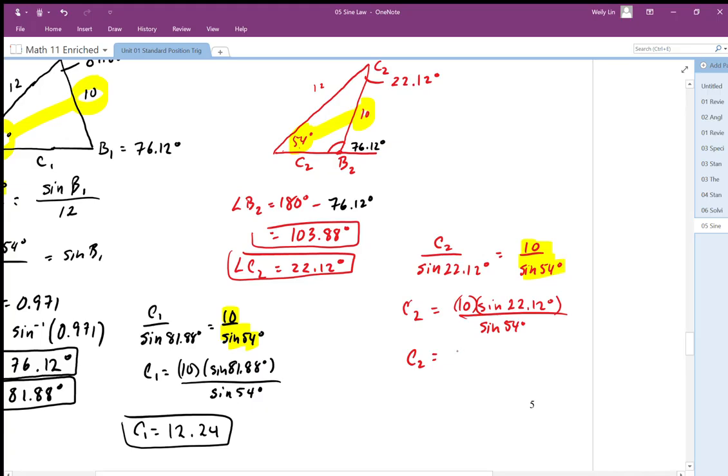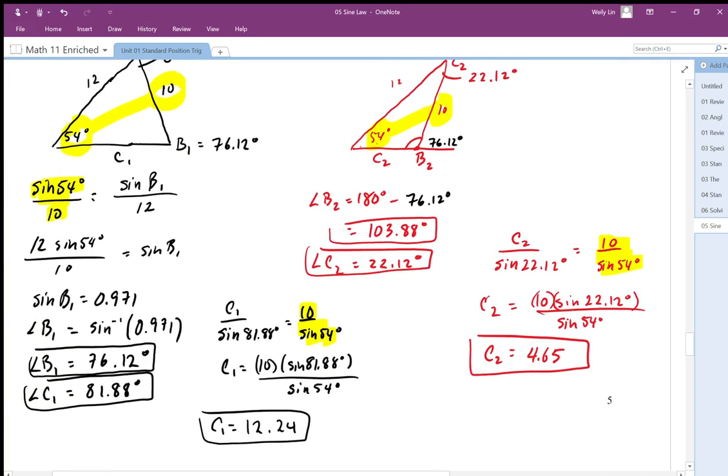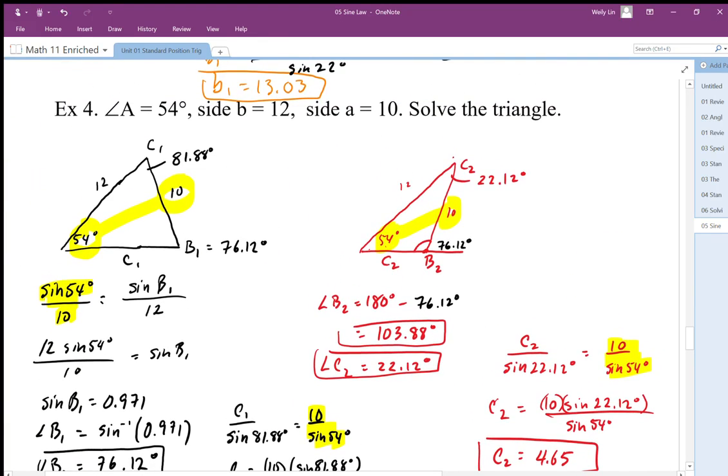Whatever units that is, we'll just call it centimeters. 4.65 centimeters. So I've solved for all three unknown parts of both triangles. I have to recognize this is an angle side-side situation, so there is this issue of the ambiguous case, meaning two possible triangles to solve for.